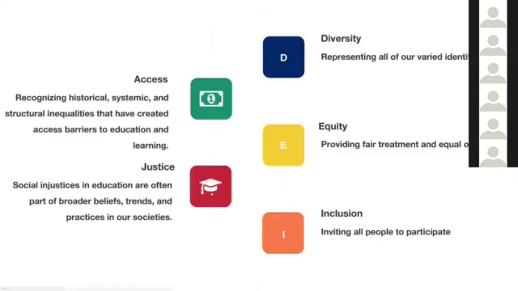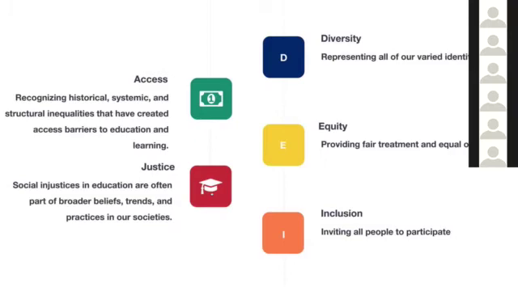And so at OpenStax, we really zoom in here. We are essentially an equity-focused organization. We focus on access, and we recognize that historical, systemic, and structural inequalities have created access barriers to education and learning. We also focus on justice. And social injustices in education are often part of broader beliefs, trends, and practices in our societies.